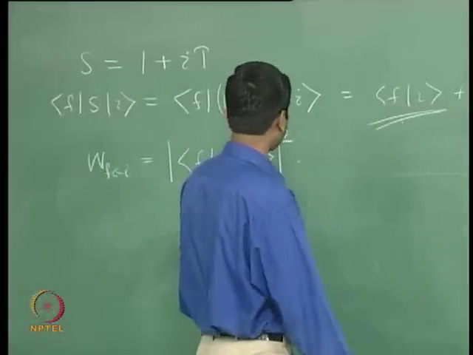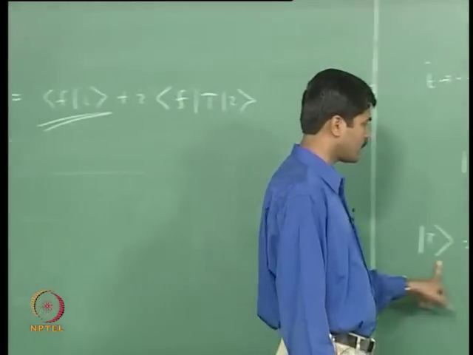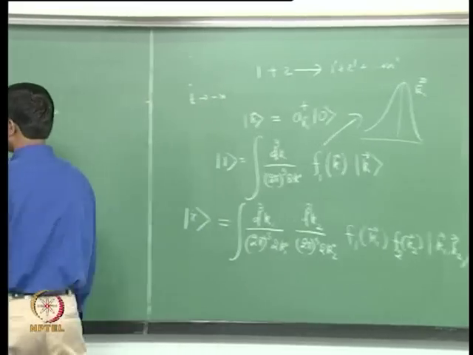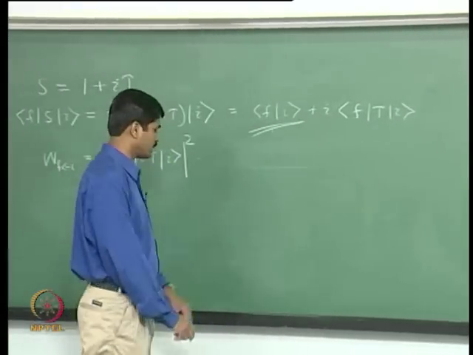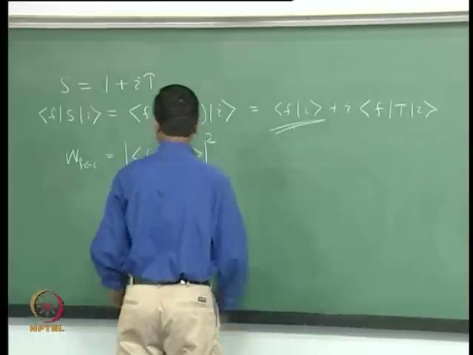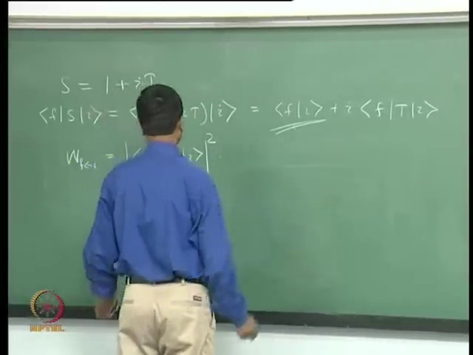Let us substitute this expression for the incoming state in this formula, and then let us try to simplify the expression. So, let us see what we get when we substitute that.